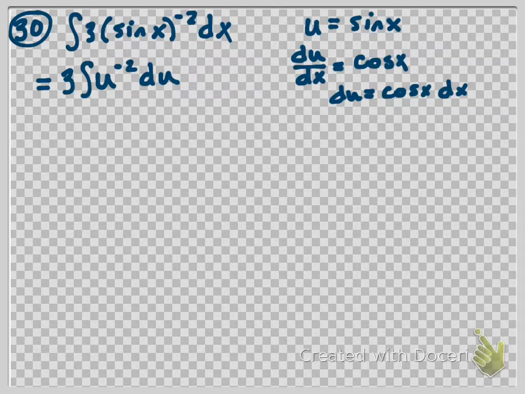So what is this integral? U to the negative 1 over negative 1. It's 3 times u to the negative 1 over negative 1 plus c.